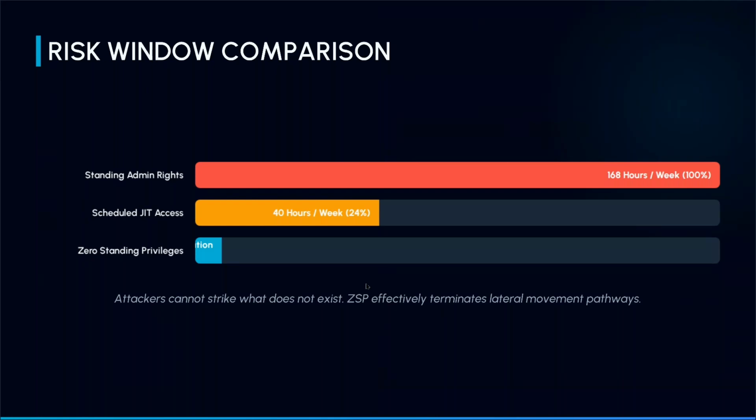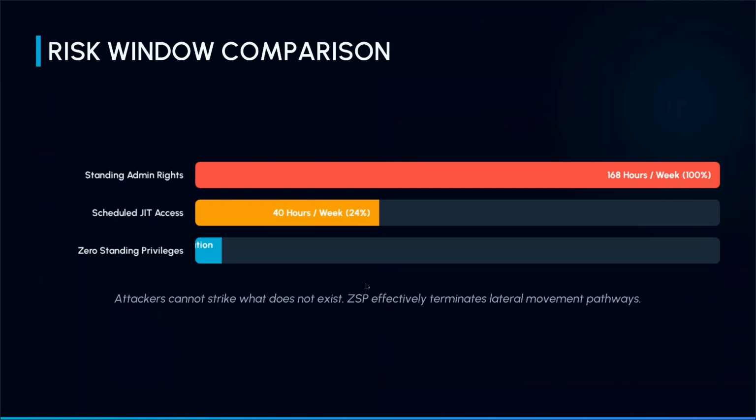Of course, there will still be some credentials you cannot remove, but you can disable them, or you can put very, very high restrictions on that credential. Then we minimize the chance of being abused during lateral movement, and zero standing privilege terminates the lateral movement pathways, because they will hit the wall very quickly.